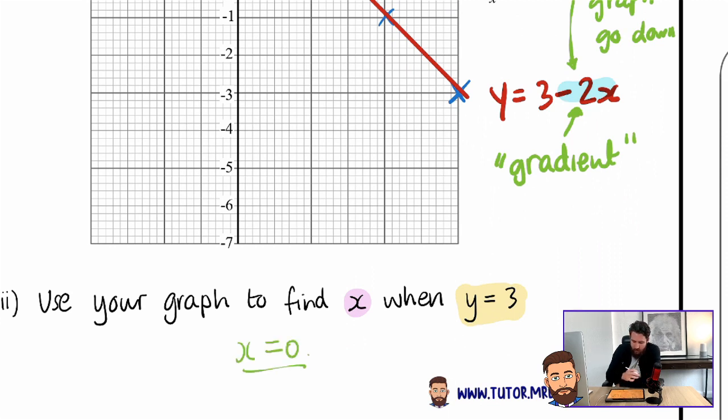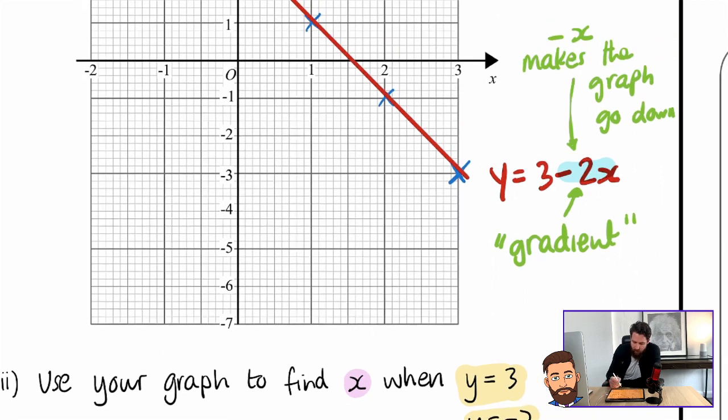If we do another one, just so you've got some nice notes in your folder or book, we can see what would happen if I wanted y is -2. So find x when y is -2. Well, if we find -2 on the y-axis, it would be right here. We can draw a line that goes across to meet our line, and then up to meet the x-axis.